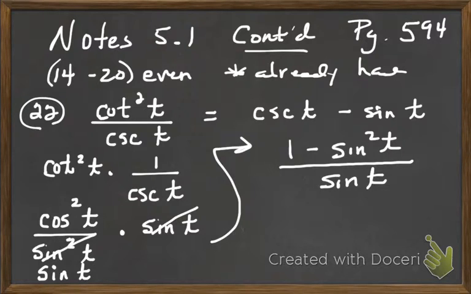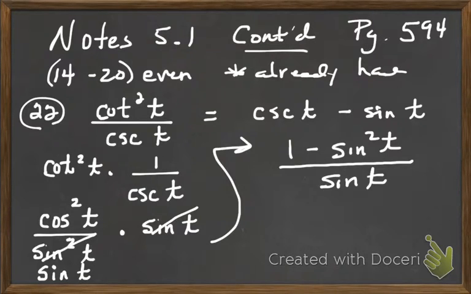I've just got to get a cosecant minus a sine. Anybody see what we can do in the next step? We can divide everything in the top by sine. You can't just cancel the sine with the sine squared and not divide the sine into the 1.